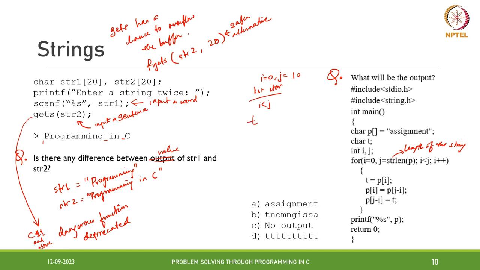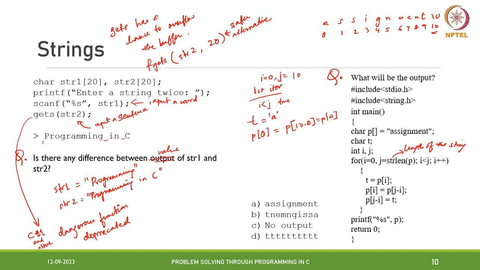So what do we do? t equals p of i. p of 0 is a. And p of i, that means p of 0, equals p of j minus i, which is p of 10. What is p of 10? If you remember, a s s i g n m e n t backslash 0, with indexes 0 to 10.